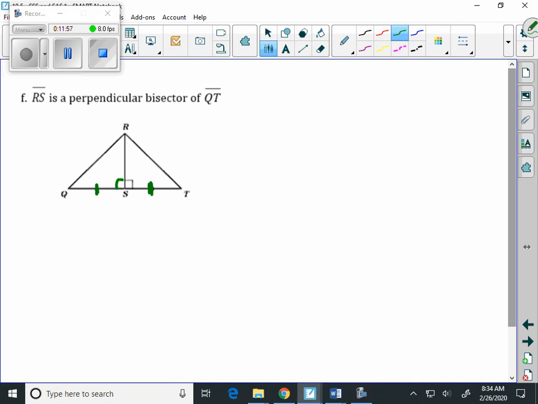And once again, this is a shared side triangle. Our shared side is here. Once we identify that it's a shared side, then we know that the shared side is in both triangles and it's congruent to itself. And then we're looking for, do we have side, side, side?